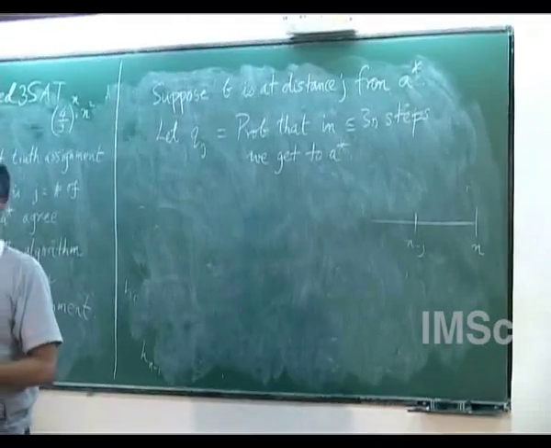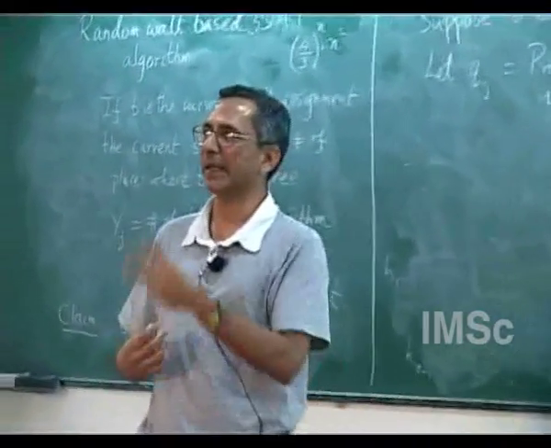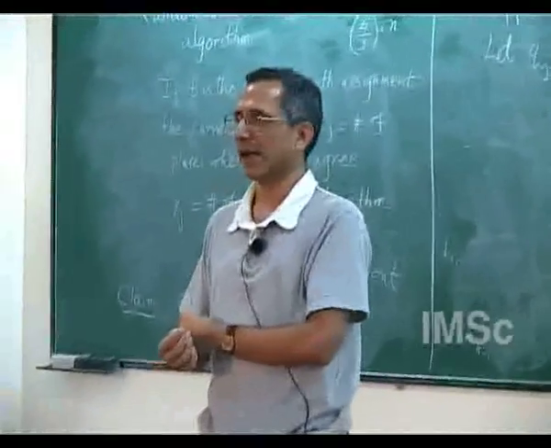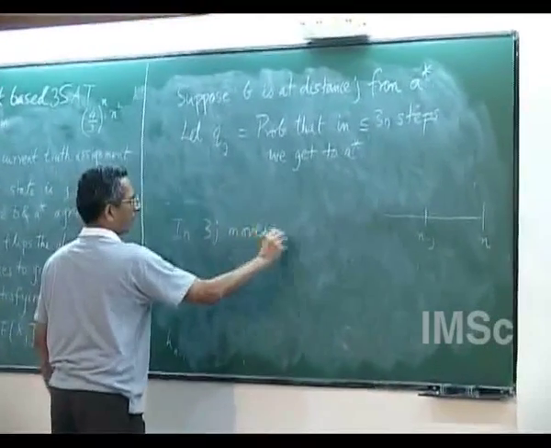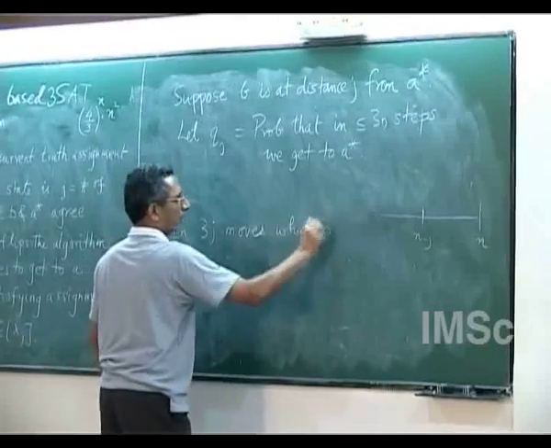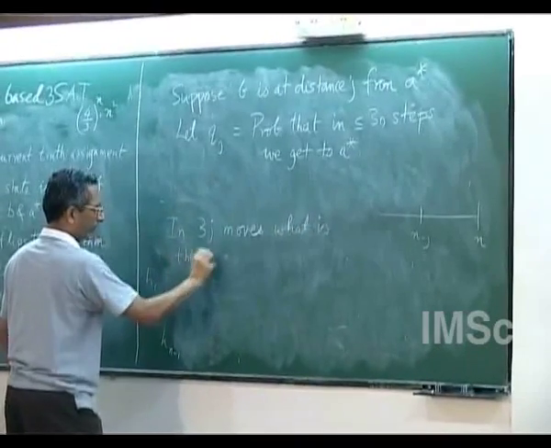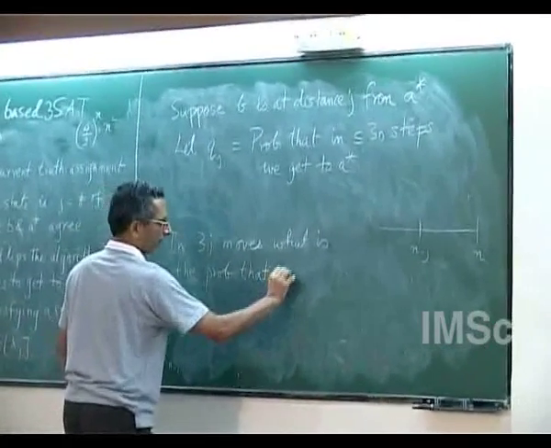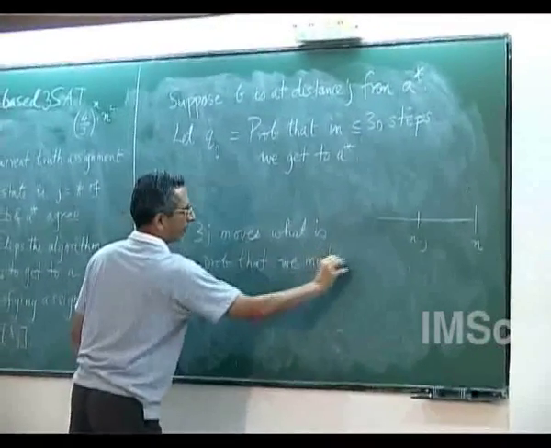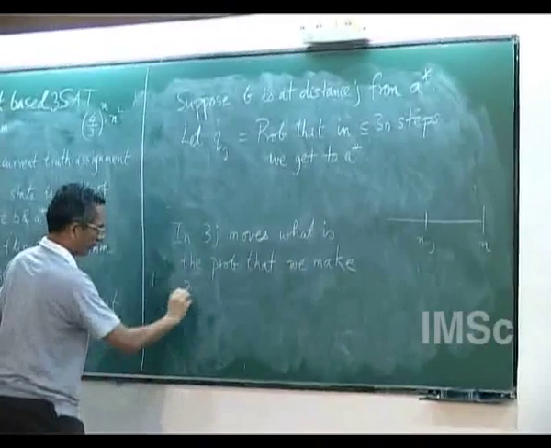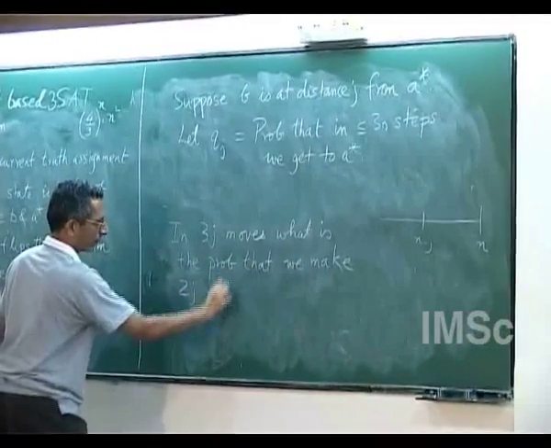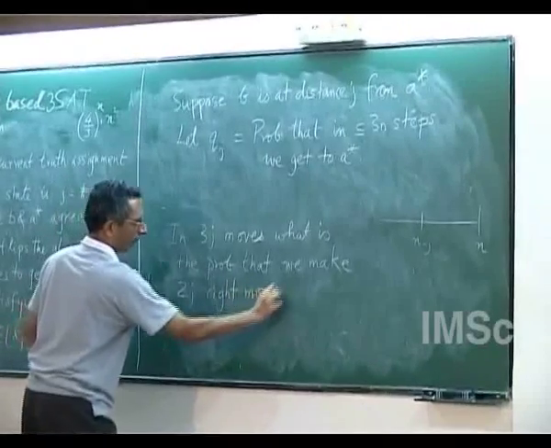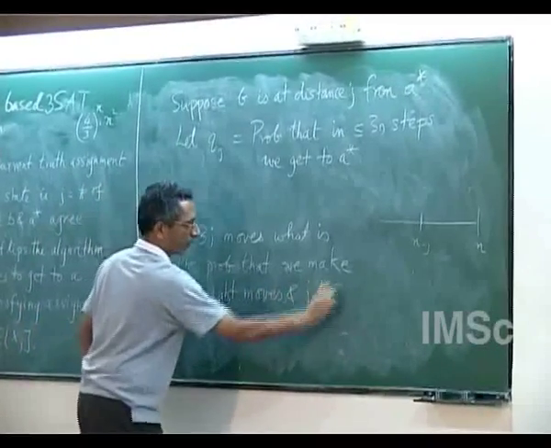So let's try to figure out the probability that I make that in 3j moves. What is the probability that we make 2j right moves and j left moves?